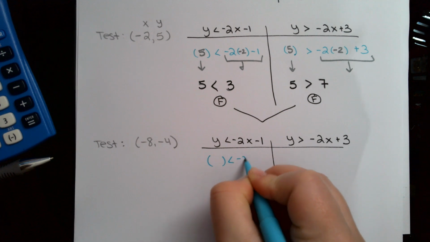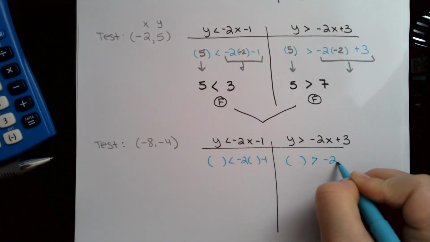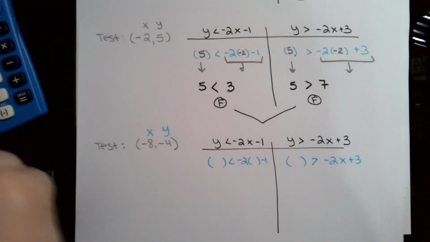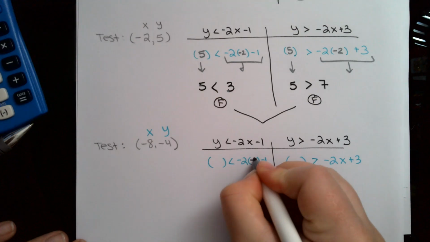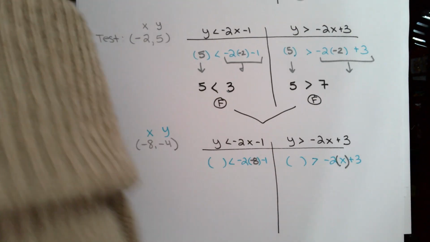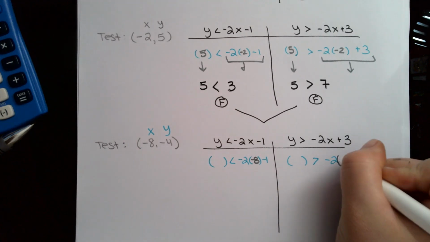Open for y. Open for x. Here's x, here's y. Our x is negative 8. Oops, I need to open for x. And what was it? Negative 8.